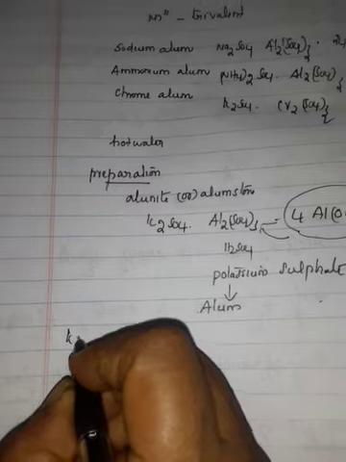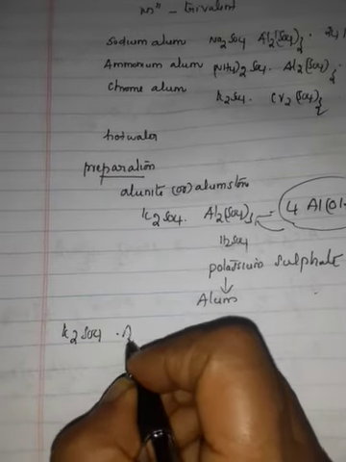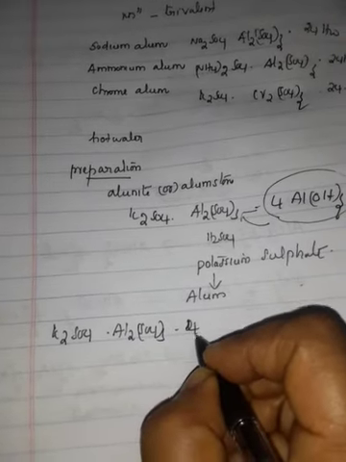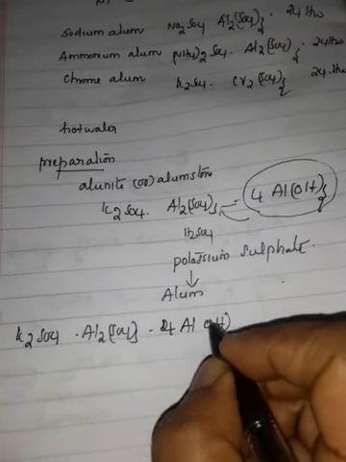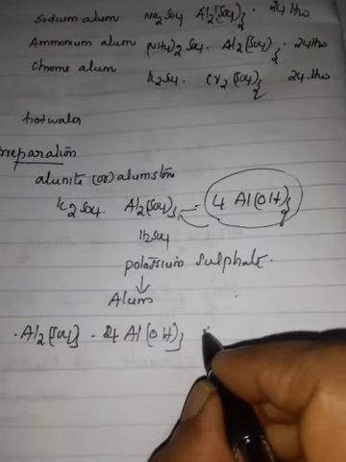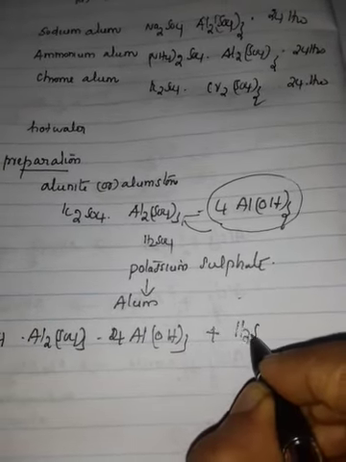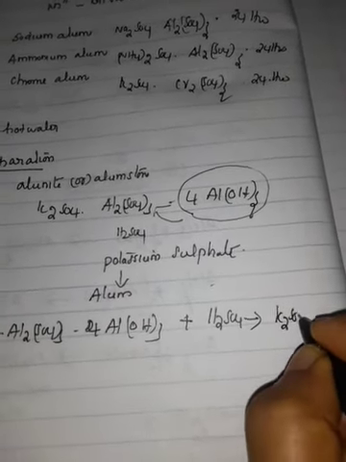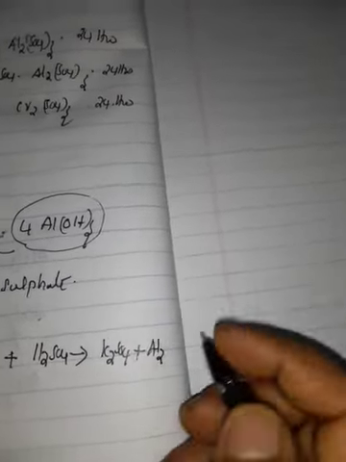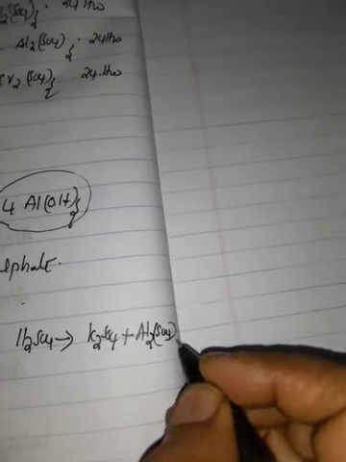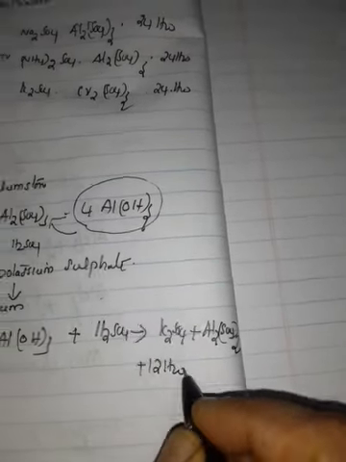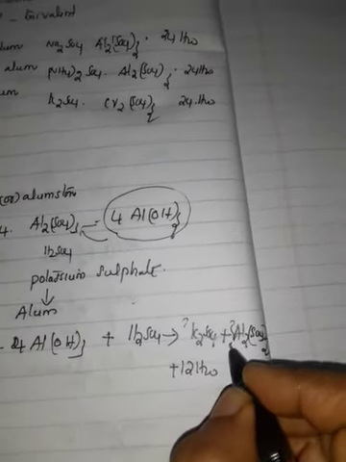So writing the reaction: K2SO4, Al2(SO4)3, 4Al(OH)3, alunite or alum stone, is first treated with sulfuric acid. So it breaks into K2SO4 plus Al2(SO4)3 plus 12H2O, and balancing.